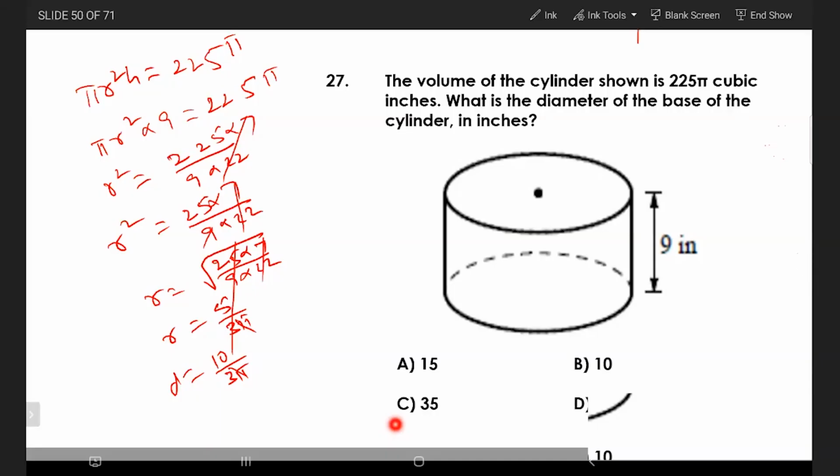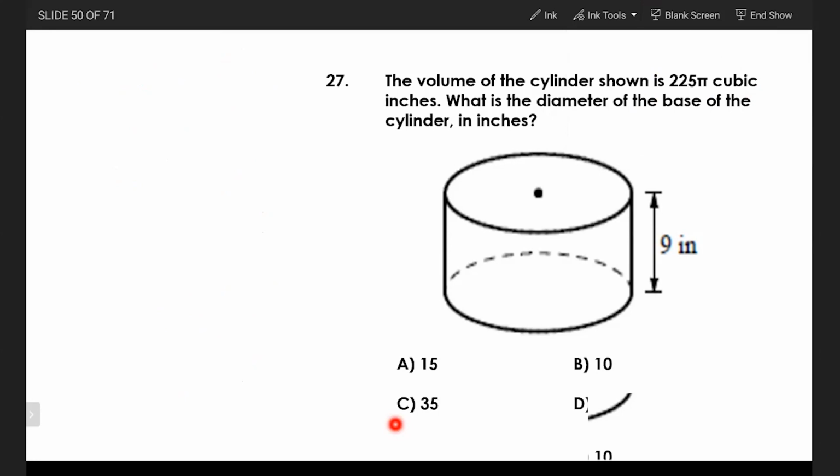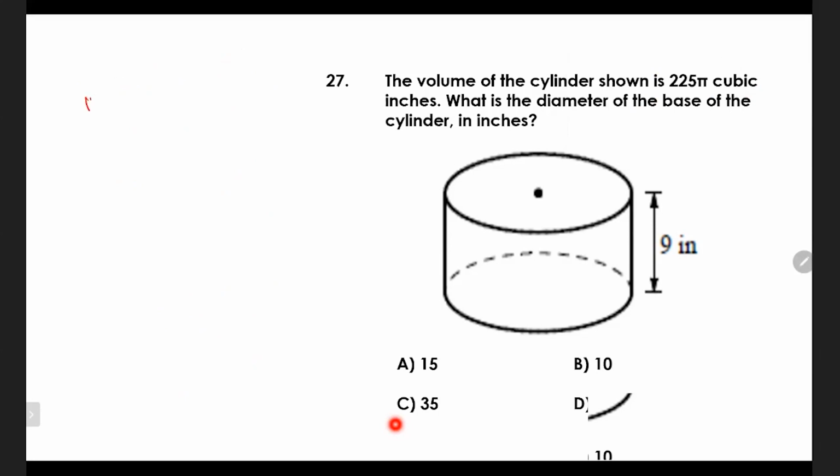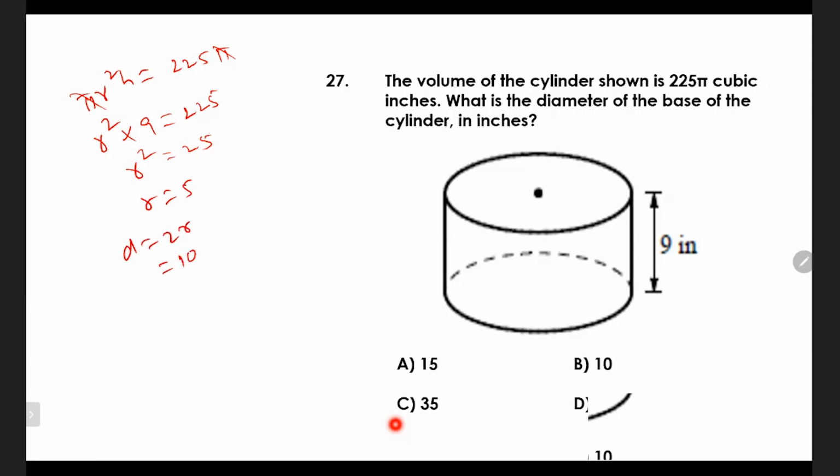There is some small change. See, it is like this. Pi r square h equal to 225 pi. So pi gets cancelled first of all. R square into 9 equal to 225. R square equal to 25. R equal to 5. So diameter is 2R, that is 10. So option is B.